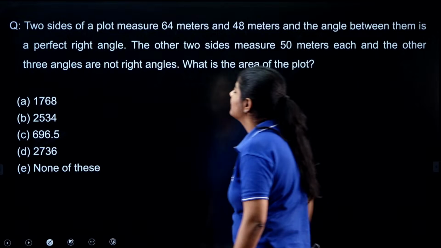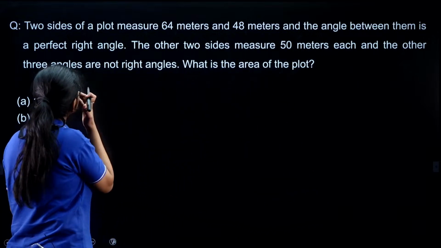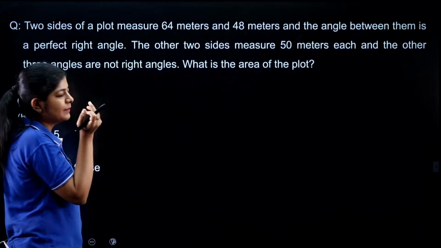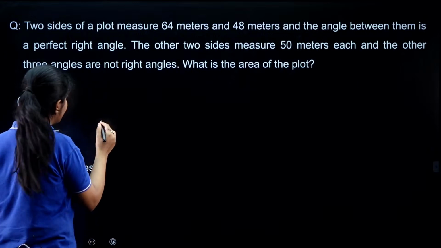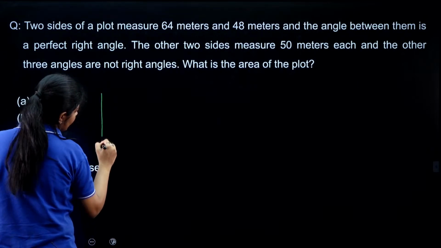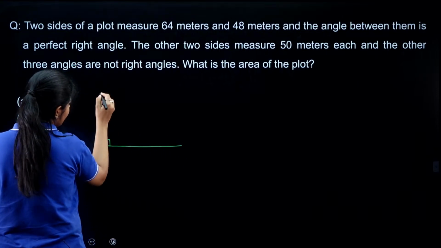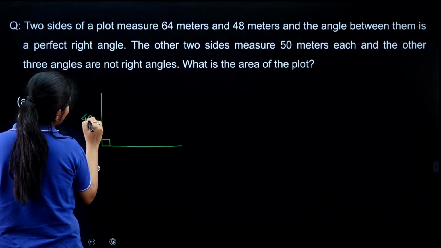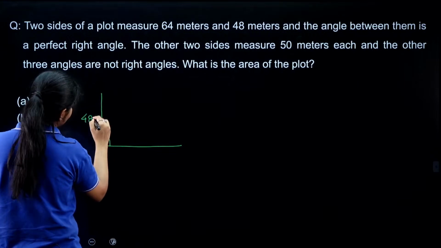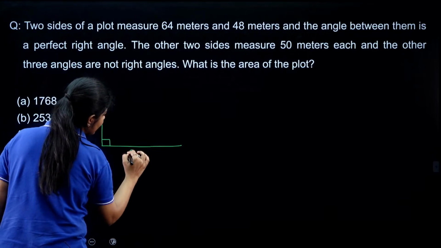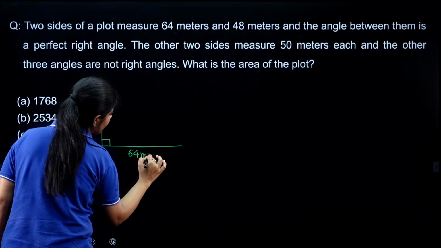Okay, I'll help you to draw the diagram. The question is saying that I am having some different kind of plot, but there's one right angle. So let's suppose this is my right angle, right? The side of this one is 48 meters, and this is 64 meters.